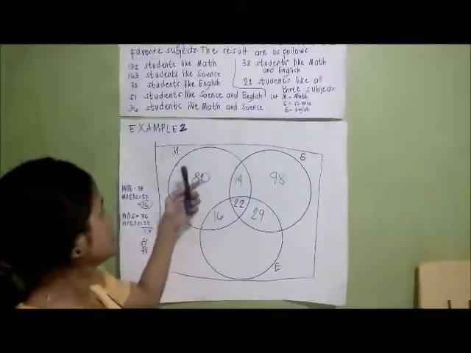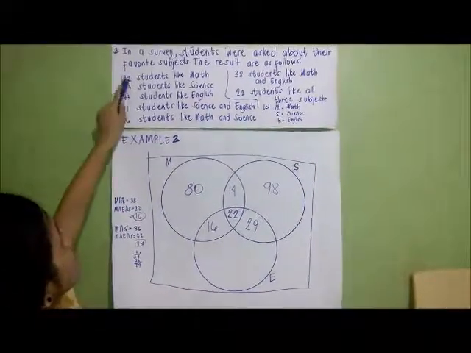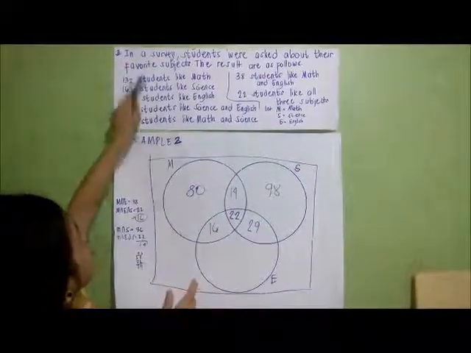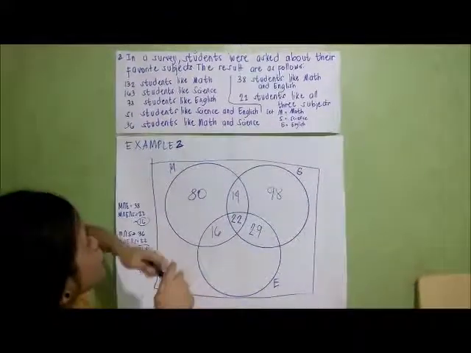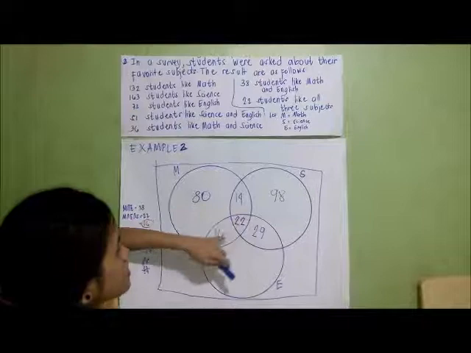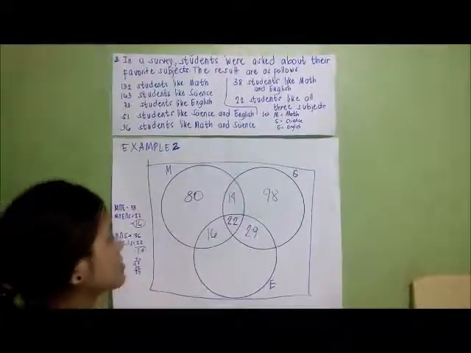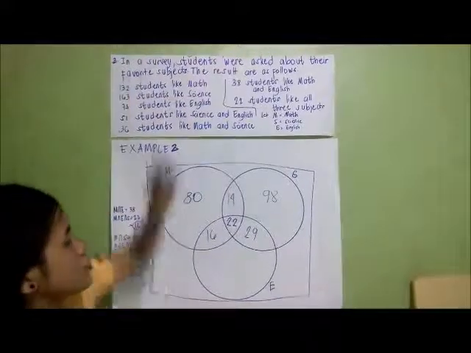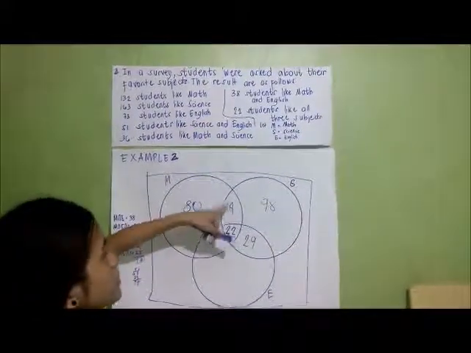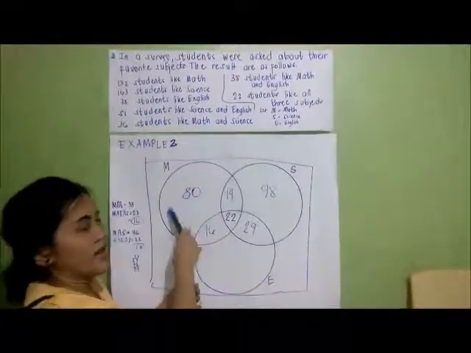For the number of elements in set M, we subtract from the given 132 the total of the three regions that are part of the circle of set M. So 132 minus the sum of 14, 22, and 16. The answer is 80.